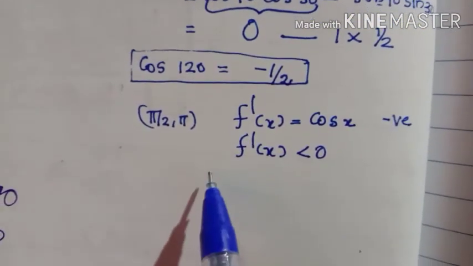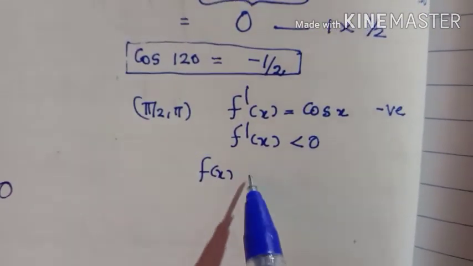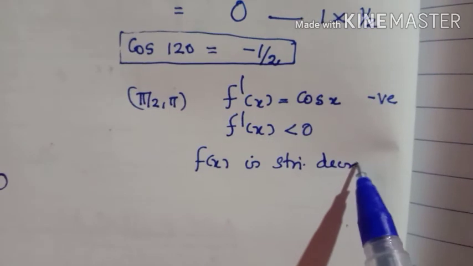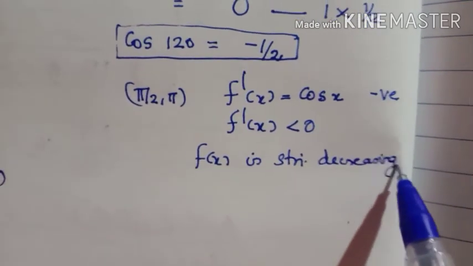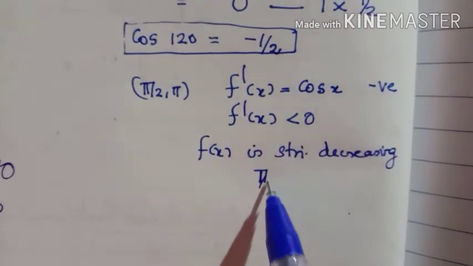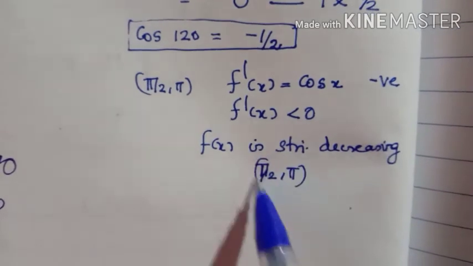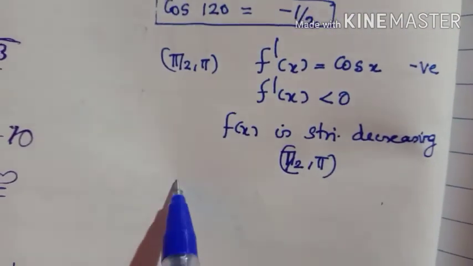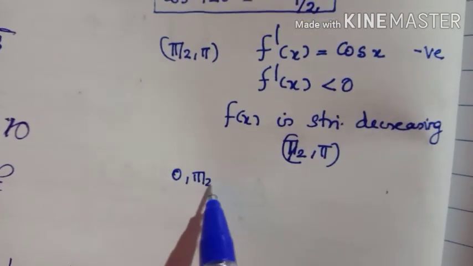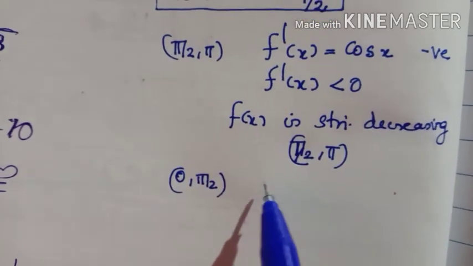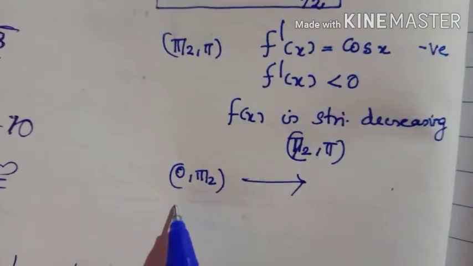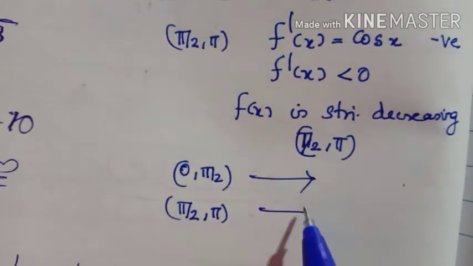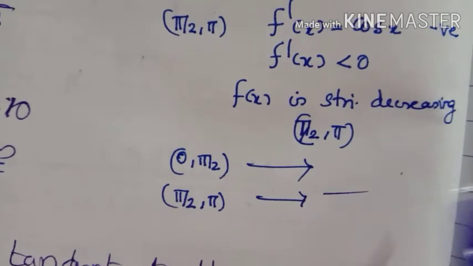Less than 0 implies the given function f of x is strictly decreasing in the interval pi by 2 to pi. So we verified that in the interval 0 to pi by 2 the given function is strictly increasing, and in the interval pi by 2 to pi the given function is strictly decreasing.